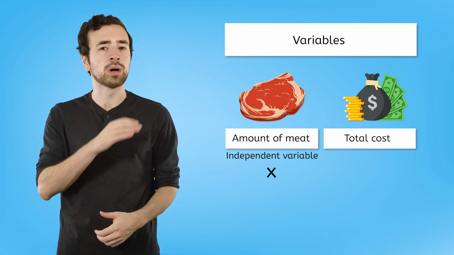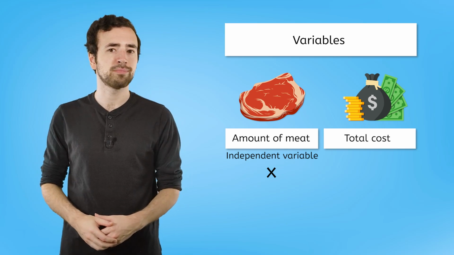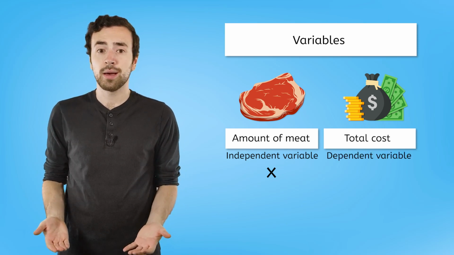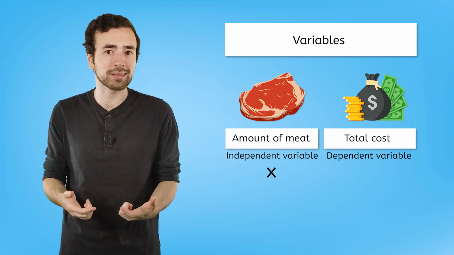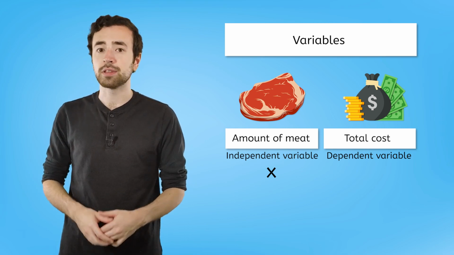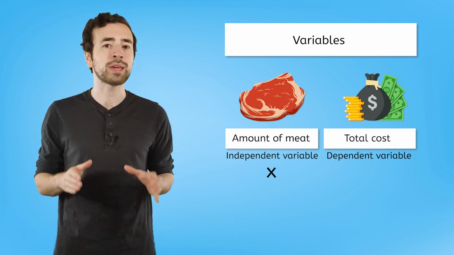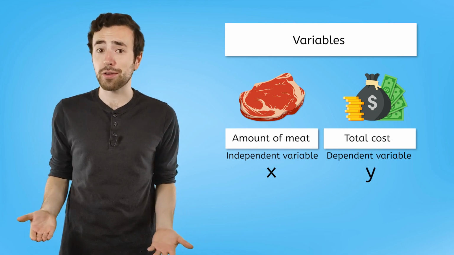In this case, what's the dependent variable? The total cost, because the total cost depends on the amount of meat ordered. The dependent variable will always be y, so we found our variables.